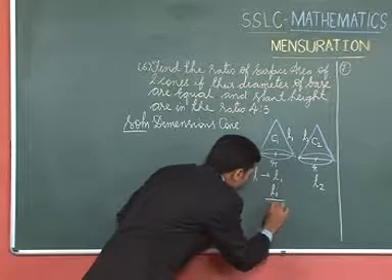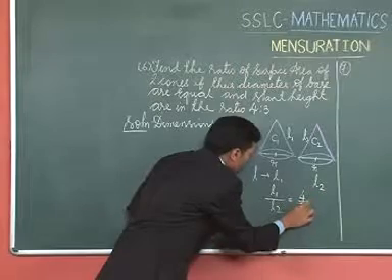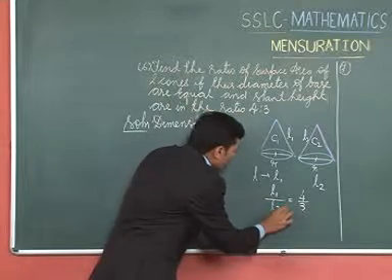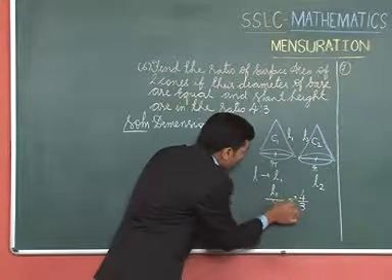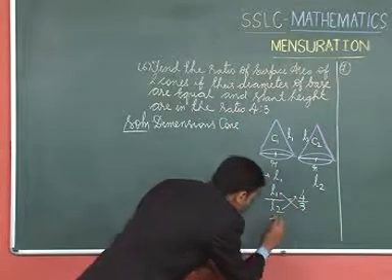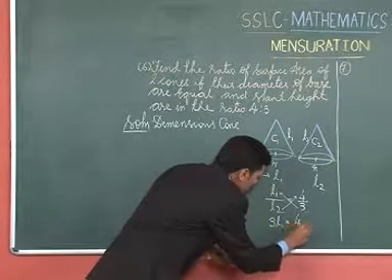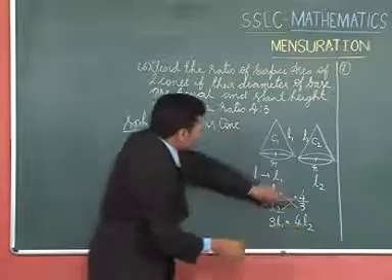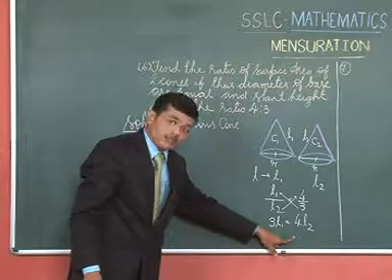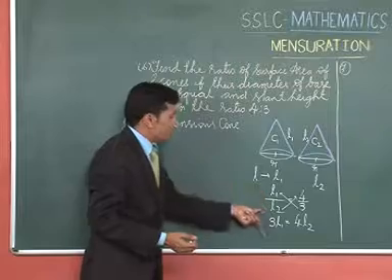Simplifying further, we can send this side and send 3 this side. So we get 3L1 is equal to 4L2, or you can keep it as it is, L1 by L2 is equal to 4/3. Based on our requirement, we can use either this or this.